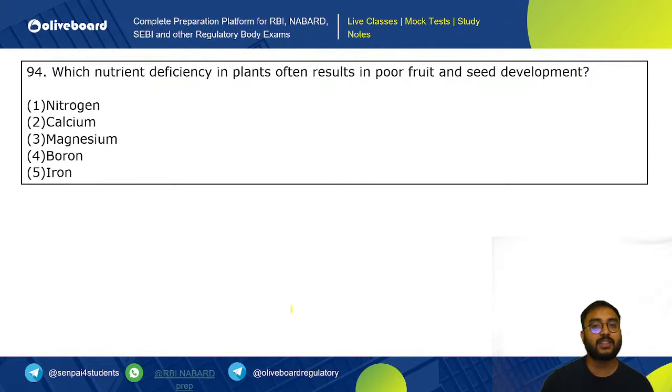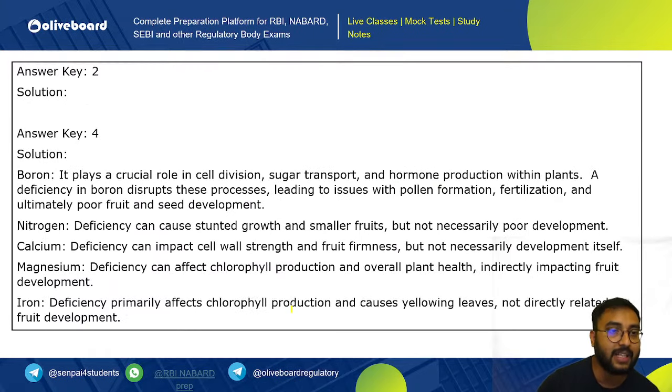Which nutrient deficiency in plants often results in poor fruit and seed development? The answer here is 4, which is boron.